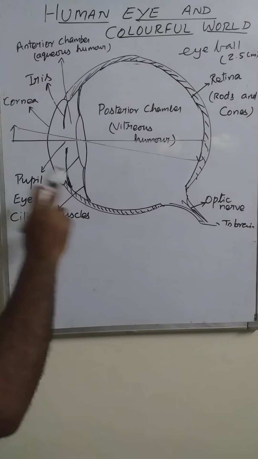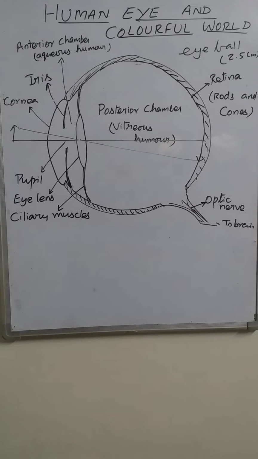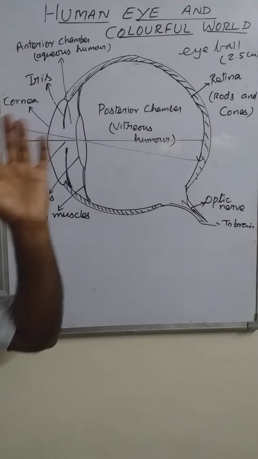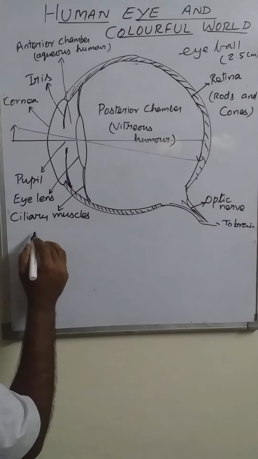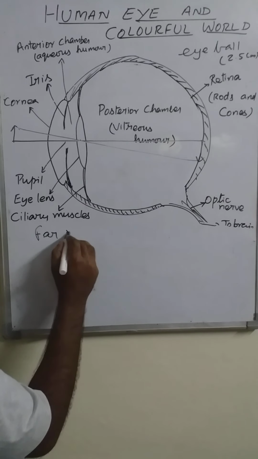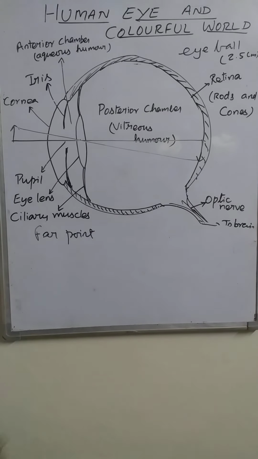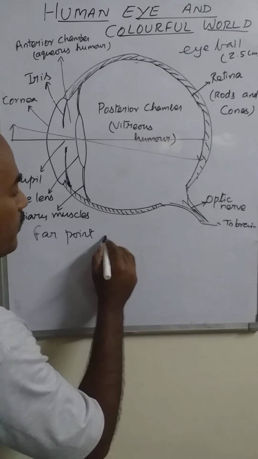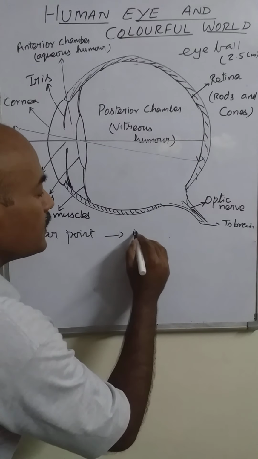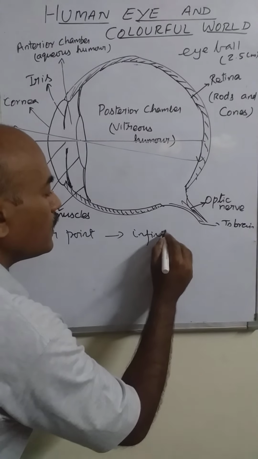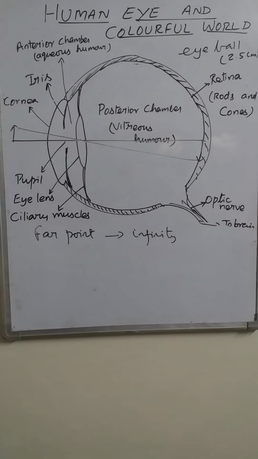That longest distance up to which the eye is able to see the object is known as far point. So far point is related to the longest distance. The far point for the normal eye is infinity.